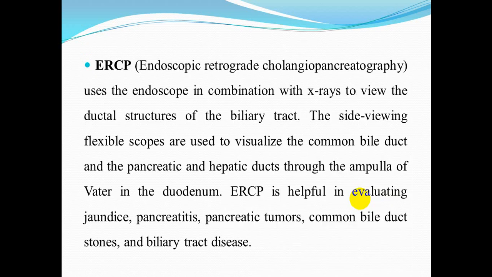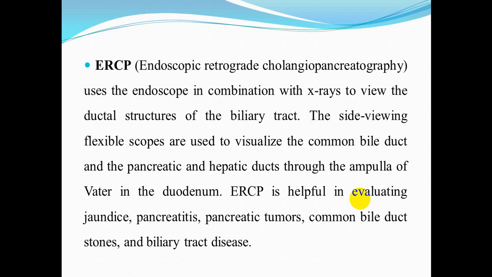ERCP is the second type. EGD and ERCP, endoscopic retrograde cholangiopancreatography, use the endoscope in combination with X-ray to view the ductal structure of the biliary tract. The side view flexible scope is used to visualize the common bile duct and the pancreatic and hepatic ducts through the ampulla of Vater in the duodenum.